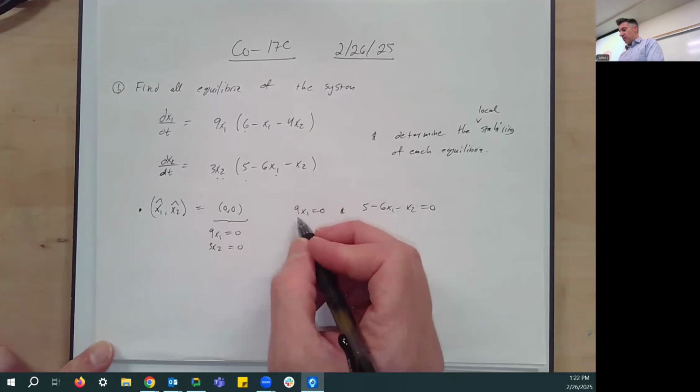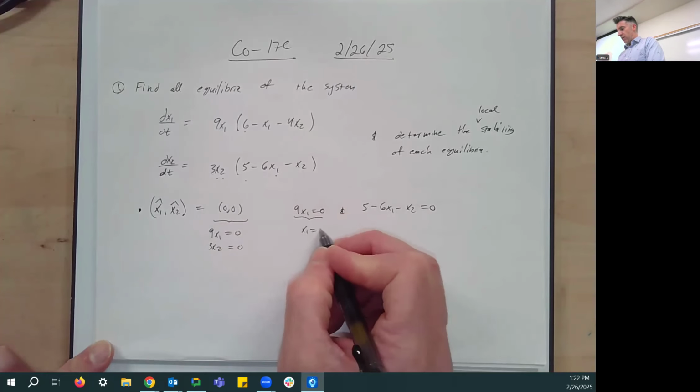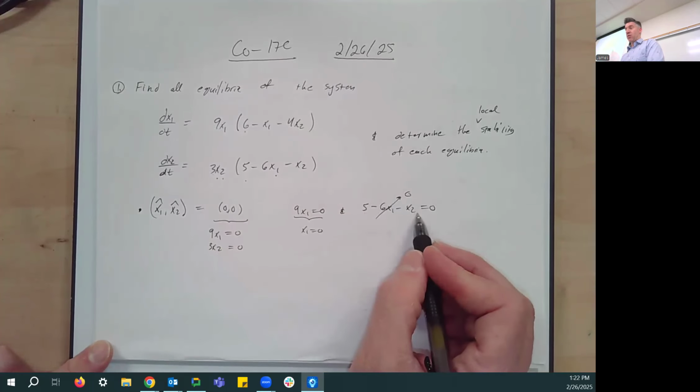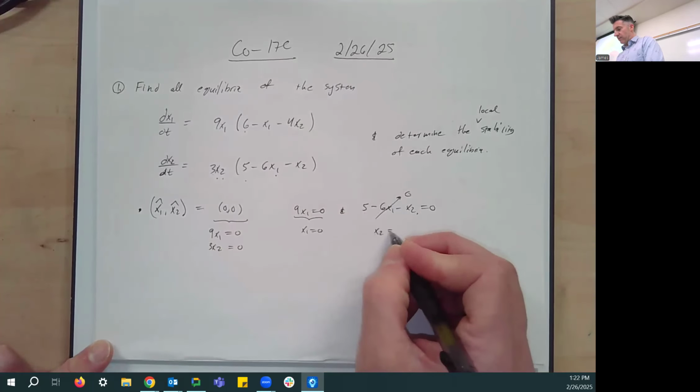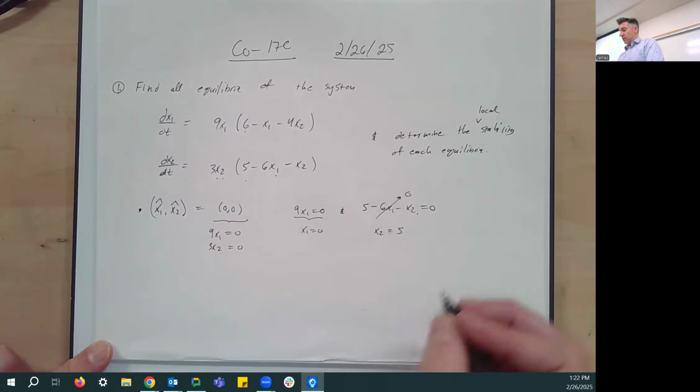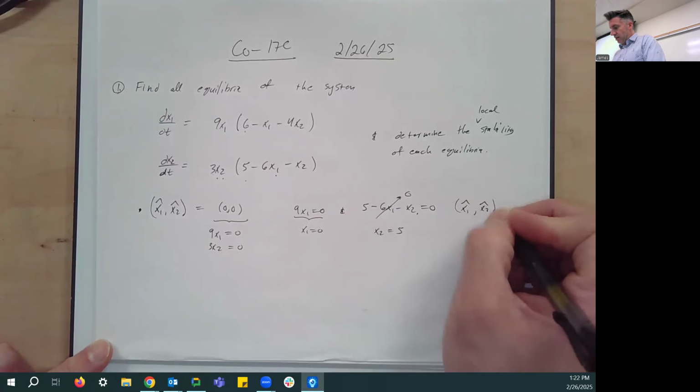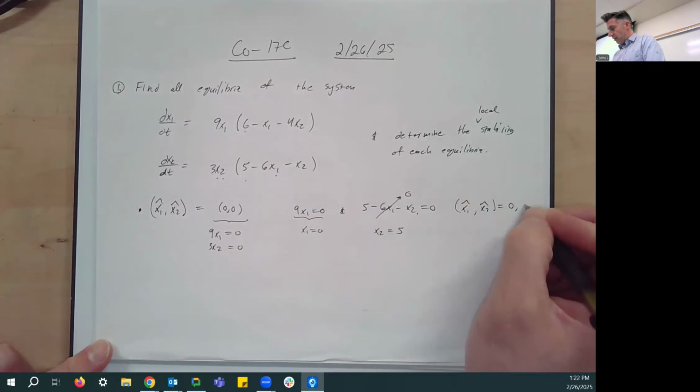Setting this equal to 0 yields x1 equal to 0. And then if x1 is 0, I have 5 minus x2 equal to 0, or x2 equal to 5. So another equilibrium is x1 hat, x2 hat equal to 0, 5.